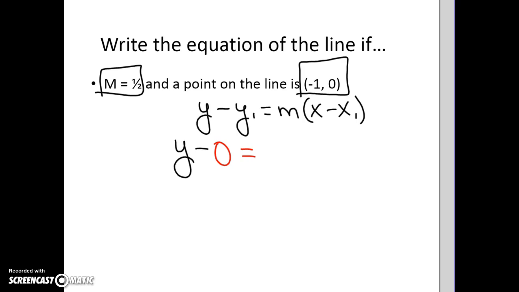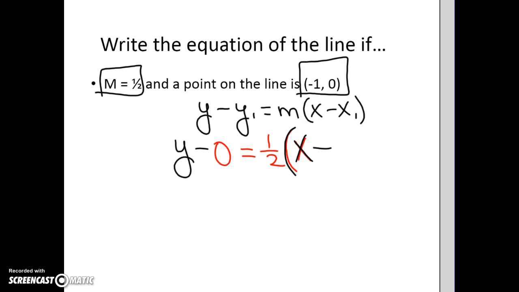Equals, we find our m. Our m is 1/2 times the quantity of x minus our x coordinate, and our x coordinate is -1.